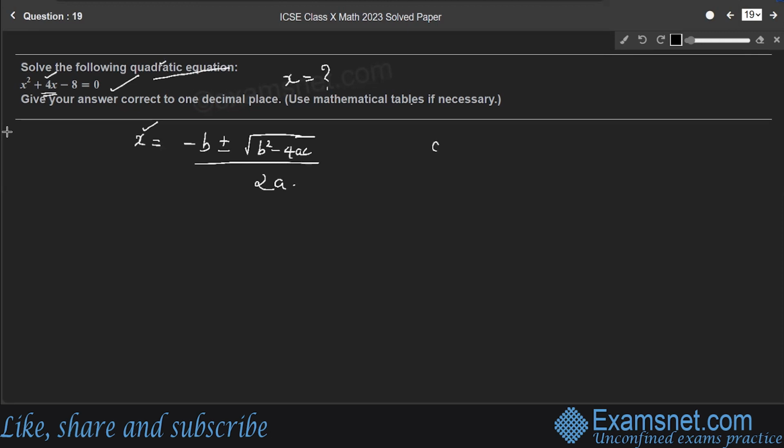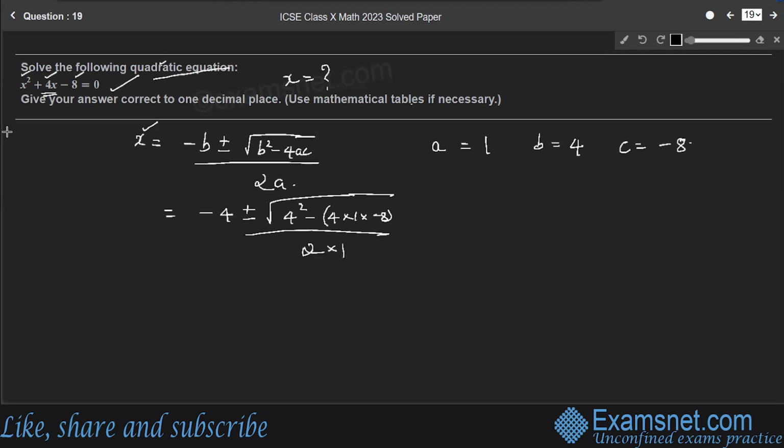Here what are a, b and c? a is the coefficient of x square, which is 1. b is the coefficient of x, which is 4. And c is the last number, minus 8.